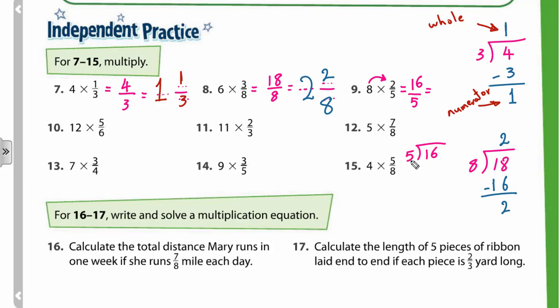What number times 5 gives 16 or less? 3. 3 times 5 equals 15. So the remainder is 16 minus 15, which is 1. Okay, let's write the mixed number.